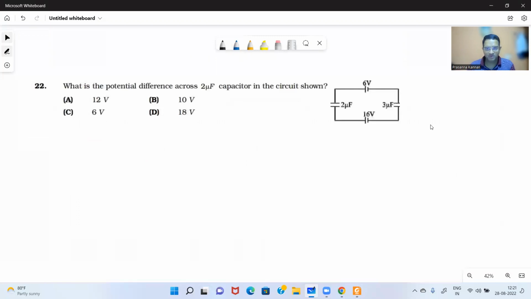Okay. So here we have two batteries, 6 volt and 16 volt. What is the potential difference across the 2 microfarad capacitor as shown in the diagram? So you have a capacitor here.